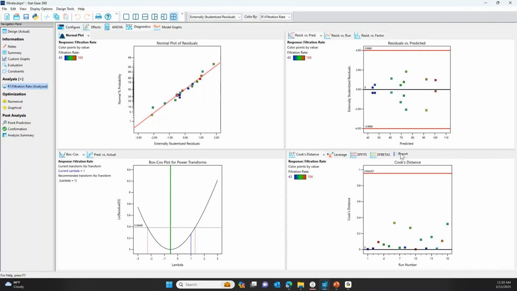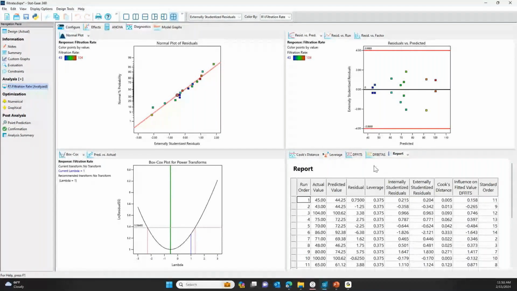And over here in the report view, we calculate the actual value, the predicted value, and the residual, the difference between the two. So we plot those residuals to make sure that they are normally distributed. If they more or less fall on that red line, then we consider them to be normally distributed. What we don't want to see here is a great big S shape pattern or something like that.